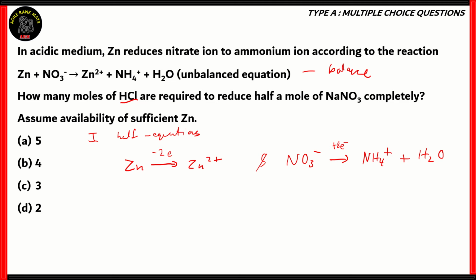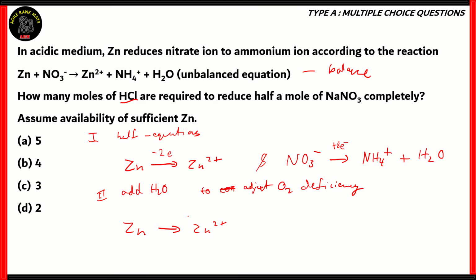So, the next step is to add water to adjust the oxygen deficiency. Now, in the first half equation, Zn forms Zn2 plus.